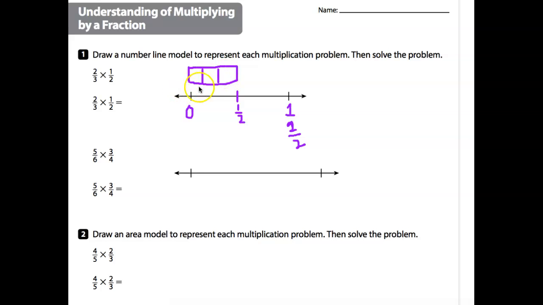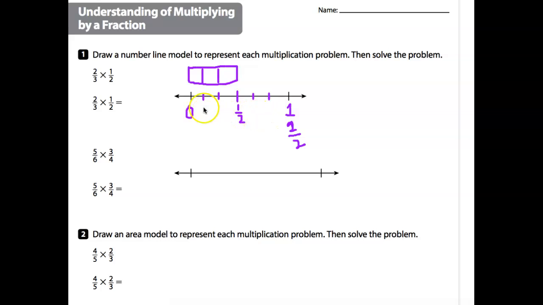Okay, so we're going to find out what this number is right here. All right, so let's divide this into 6. So we will have 1, 2, 3, 4, 5, 6.